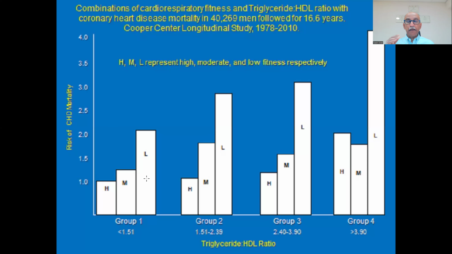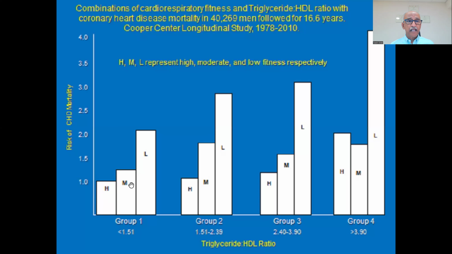So brisk walking 20 to 30 minutes a day, at a rate that your heart starts pounding, is a good way of getting active. You don't have to hit the gym.